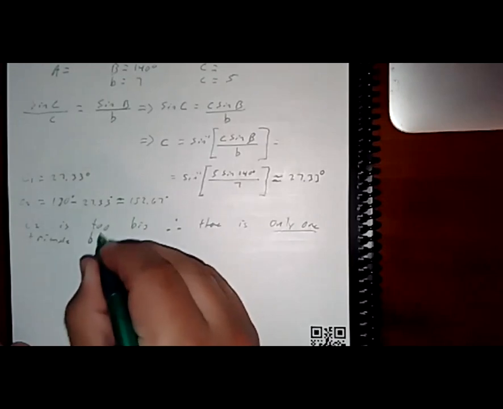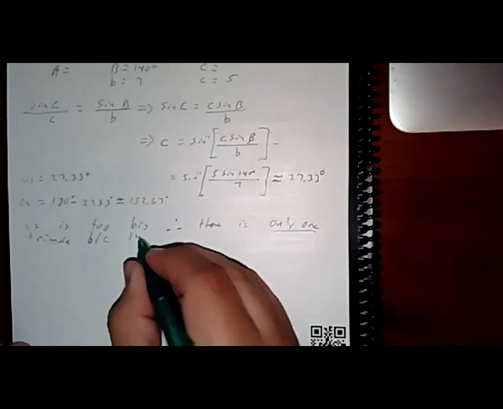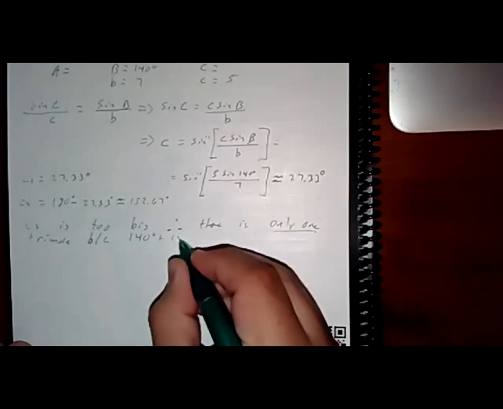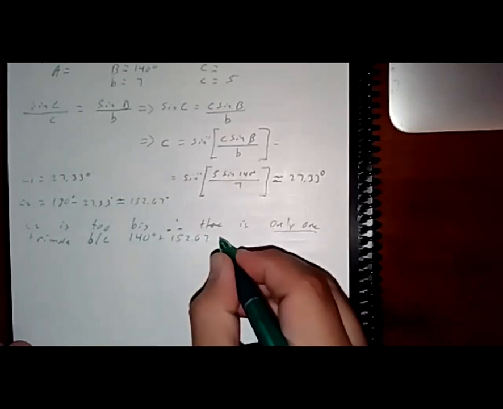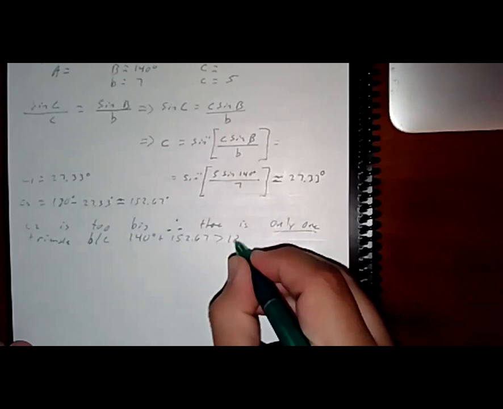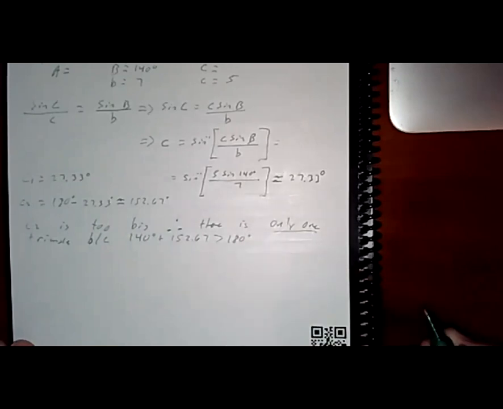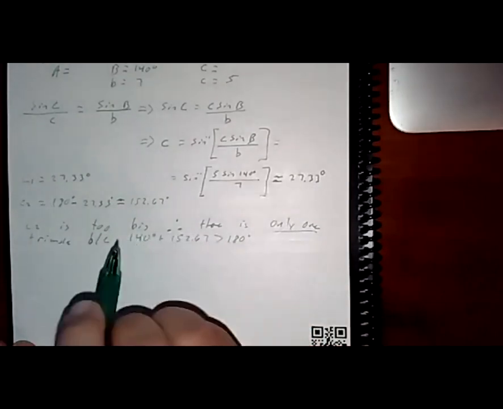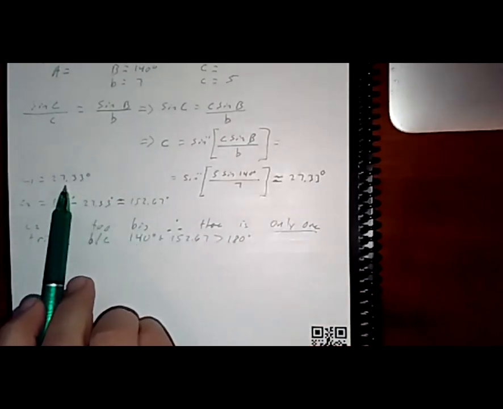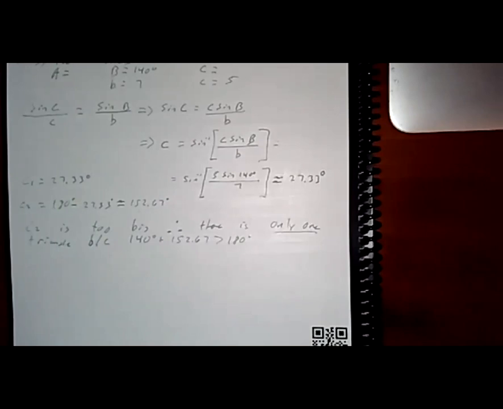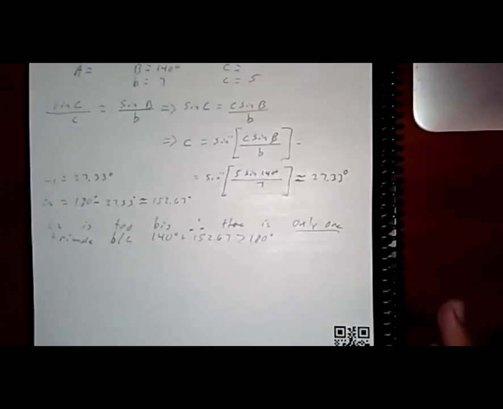Put a little extra note here because 140 degrees plus 152.67 is greater than 180. Right, but 27.33 plus 140 is not greater. But that one's okay.